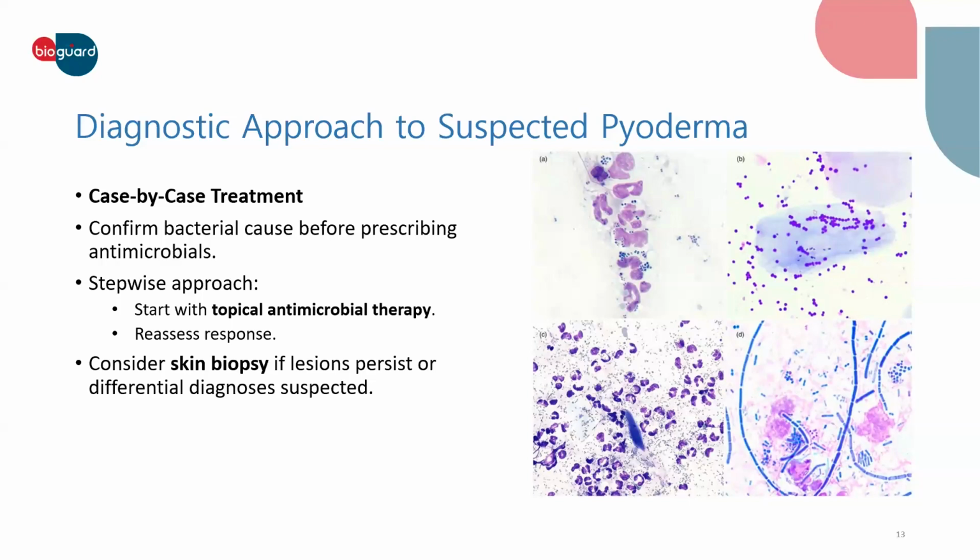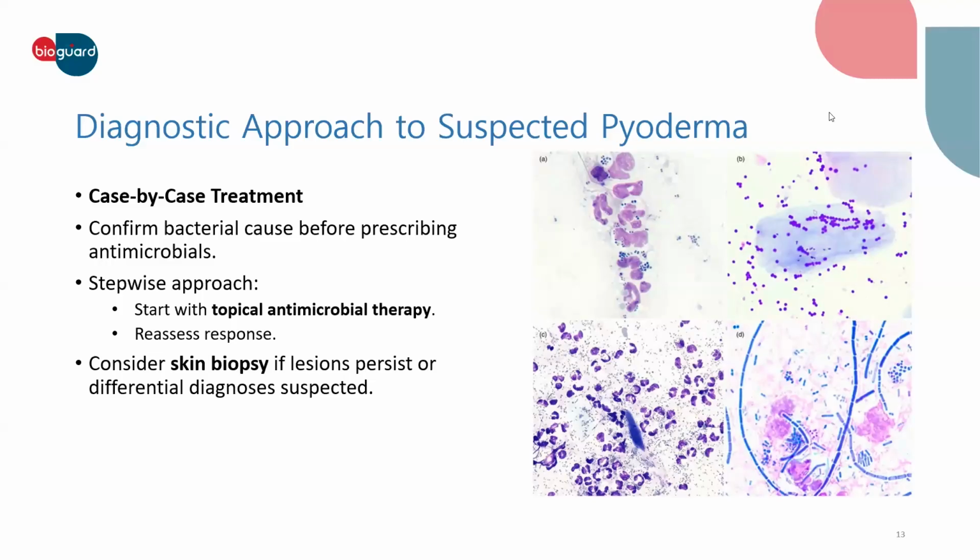And here are some examples for the cytology. This one, the upper left, labeled A, you can see the cocci, most likely Staphylococci, some dividing into pairs and quadruplets, in and among the neutrophils.